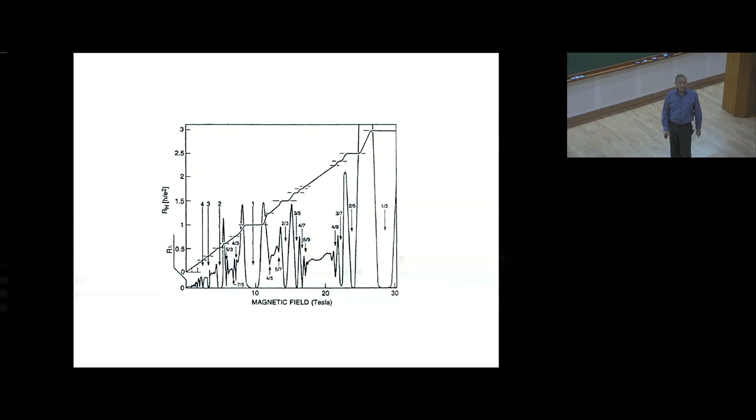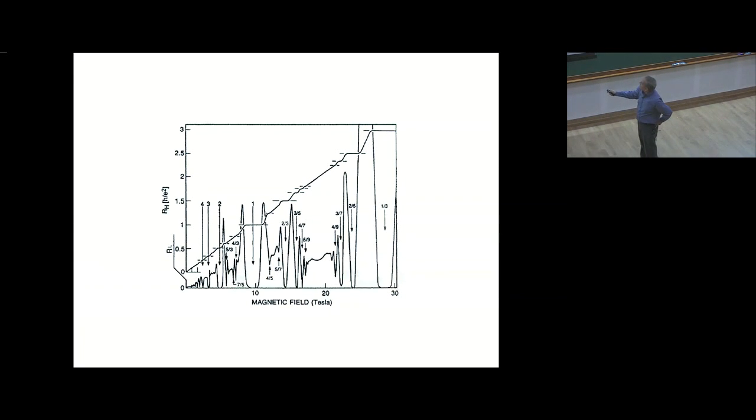See, another question one could ask is why are we seeing these fractions? Why 1/3, why 2/5, why 3/7? If you stare at these fractions for a while, you realize that they all have odd denominators. In particular, if you look somewhere here, you might say, why don't I have a 1/2?